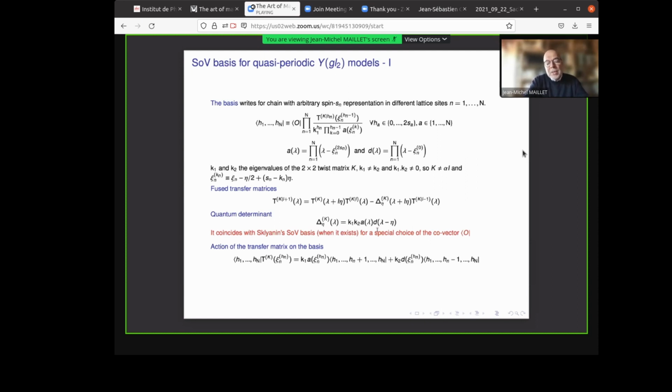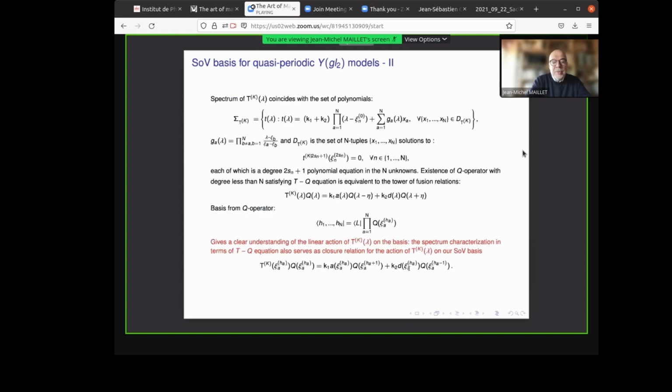And remember, because in such models T(lambda) is a polynomial of degree big N, using Lagrange interpolation plus asymptotic behavior of T(lambda), you can get a full action of T(lambda) just knowing this Lagrange decomposition in the chosen points. And so you have a linear action, which is essential for proving that you have a full spectrum.